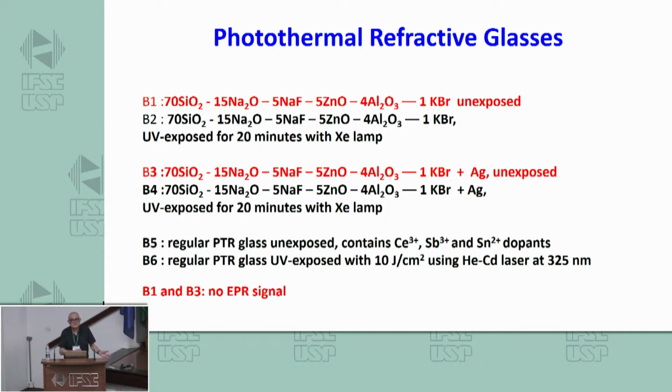Because that seems to be what Oleg Glebov and his wife, by many trial and error techniques, found to be the optimum composition. And then B2 is a UV exposed glass that shows these periodic density and refractive index variations that you need for the optical application.